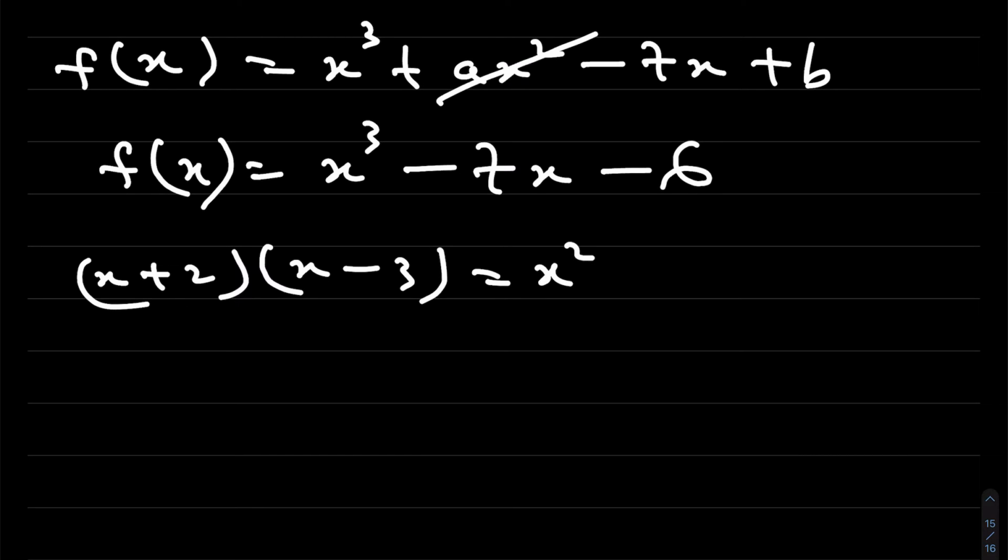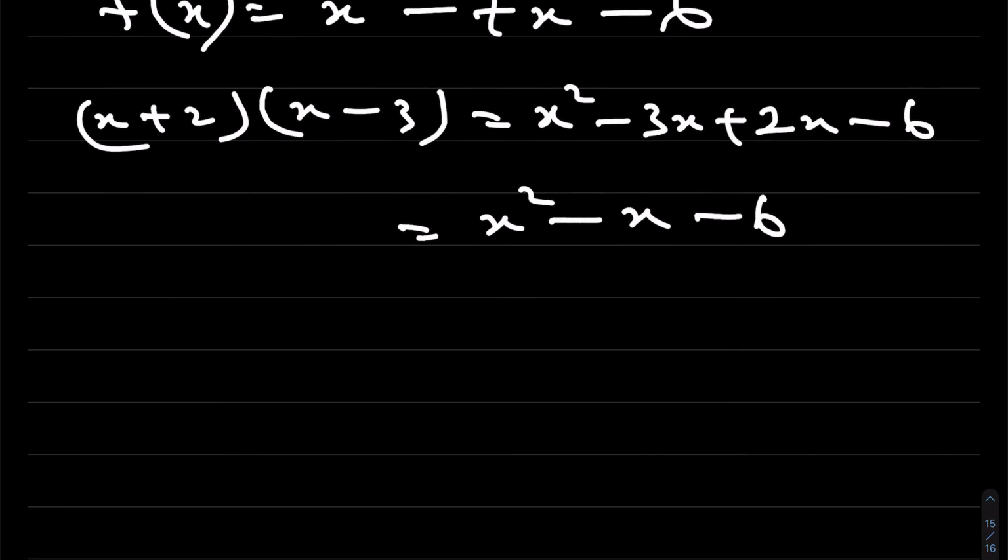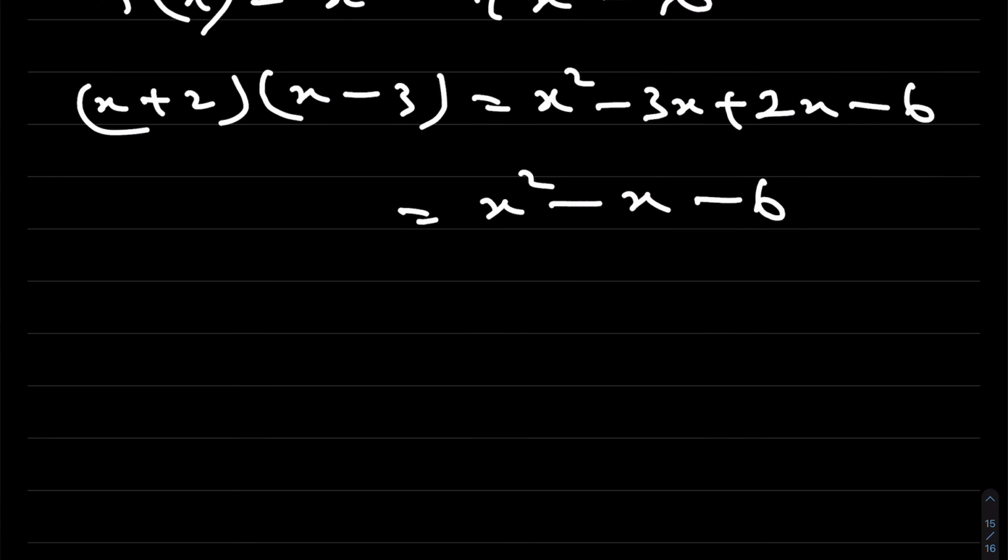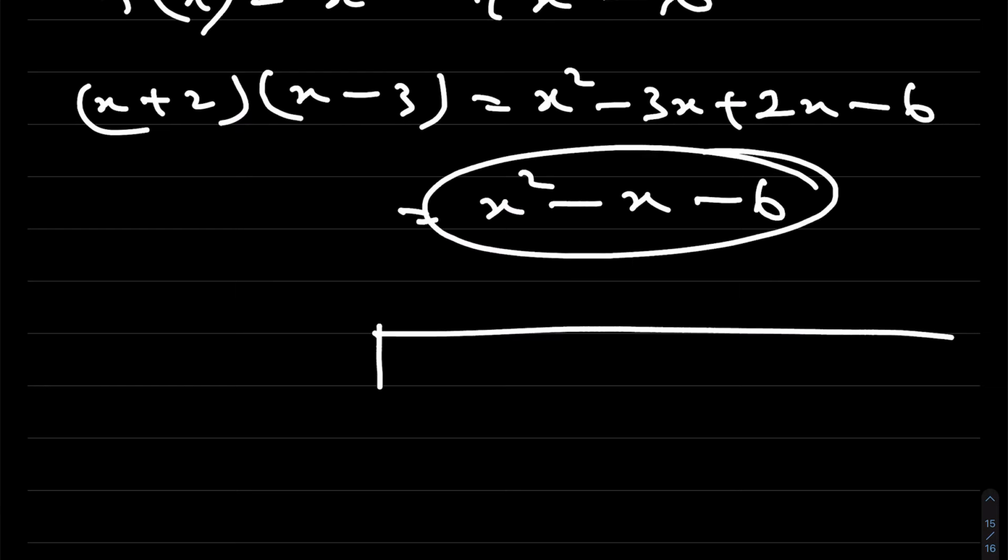That's going to be x squared minus 3x plus 2x minus 6, which is equal to x squared minus x minus 6. Now, we just divide the polynomial f of x by this quadratic factor.